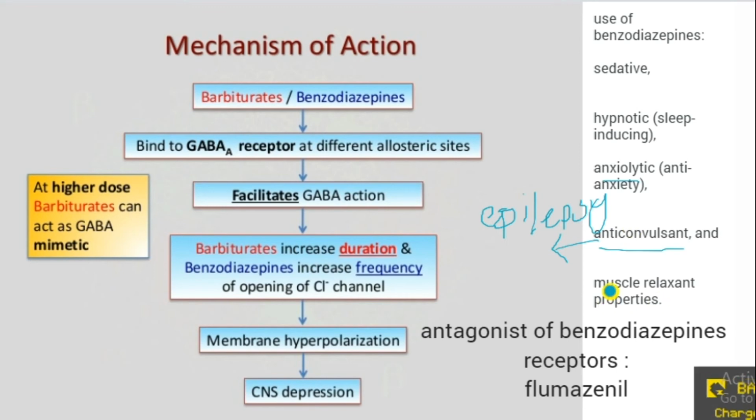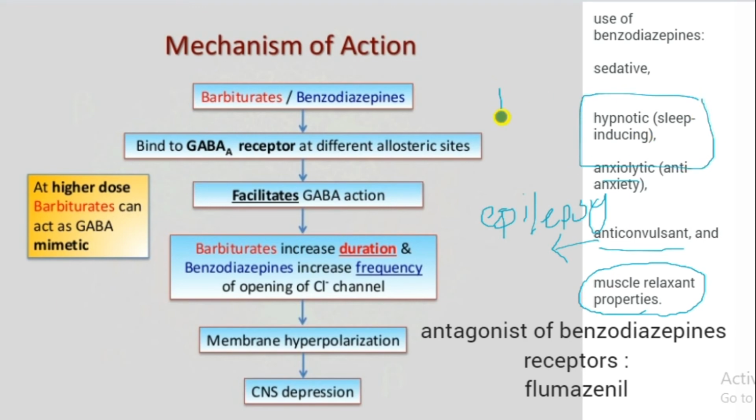It acts as muscle relaxant property. So we can treat, primary management for insomnia, and treatment for anxiety effects.